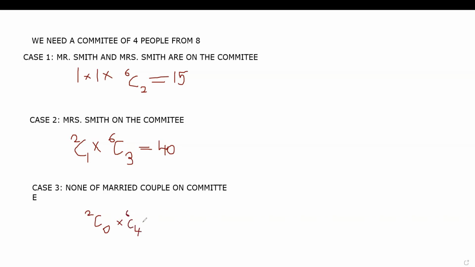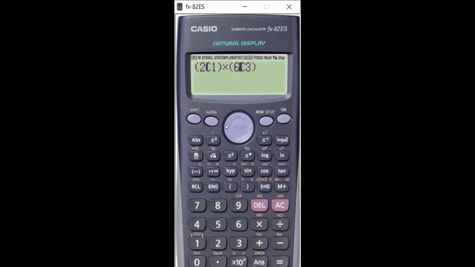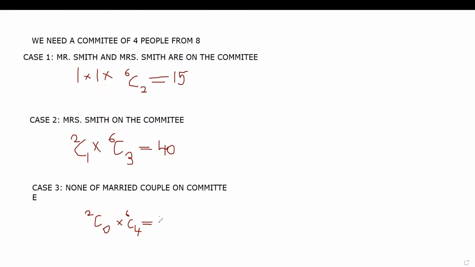So 2 choose 0 times 6 choose 4. We'll put that in our calculator. 2 choose 0 times 6 choose 4. We'll work that out. Okay, 15. That equals 15 again. So there are 15 ways none of the married couple join the committee.